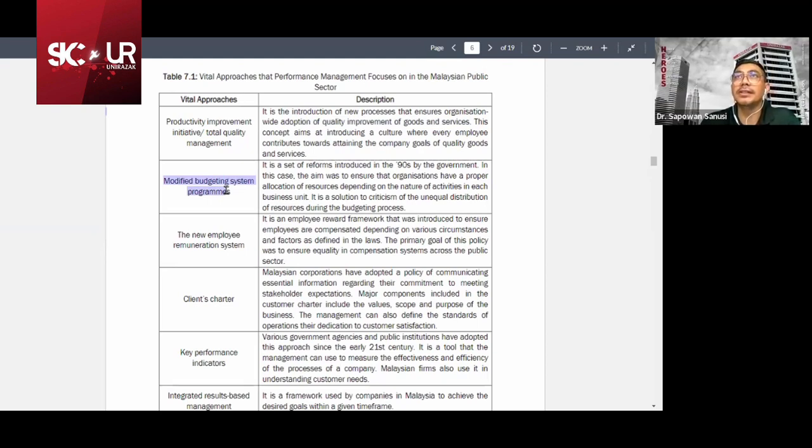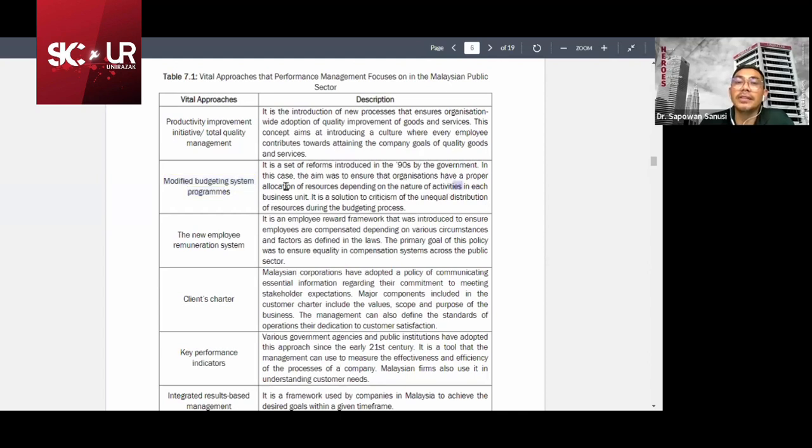Maksudnya, they're focusing on the fields that contribute to the productivity of the nation. Contohnya bidang-bidang critical like technical and technological parts, technology development tu dah tentulah, and sustainability of resources, that is very important. That's why when they programme their budget, they allocate the resources depending on the nature of the activity.